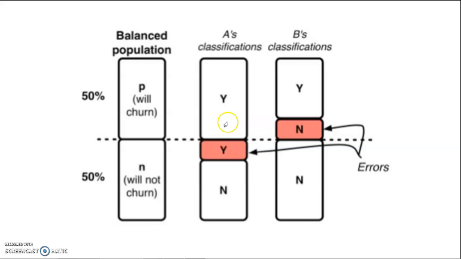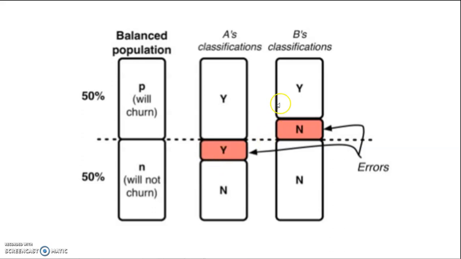Whereas algorithm B is good at predicting all of the negatives, which are all the people who are not going to churn. But algorithm A is not that good at predicting true negatives. It keeps on predicting that some of these loyal customers are going to churn.